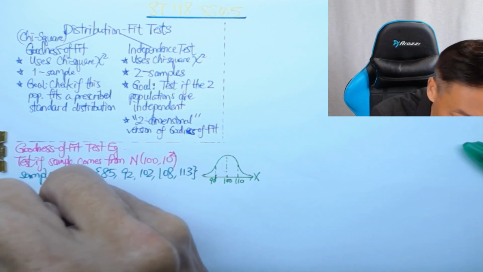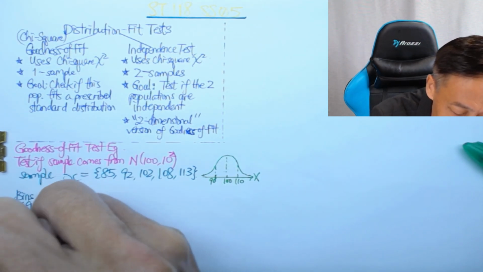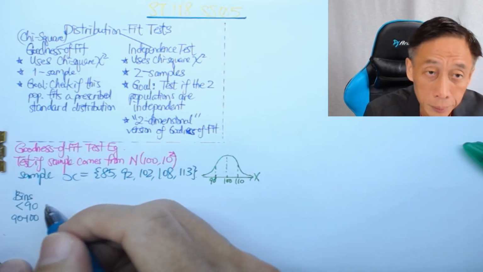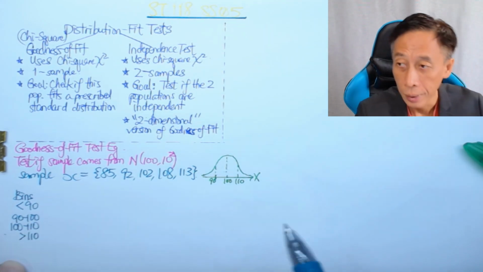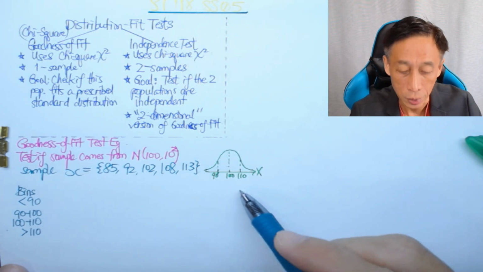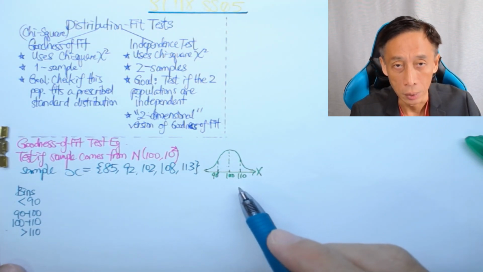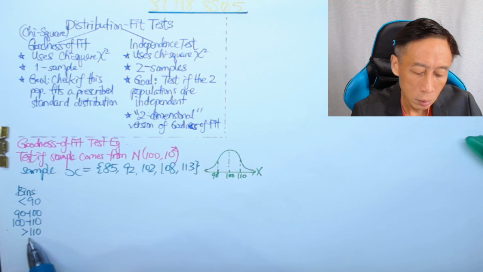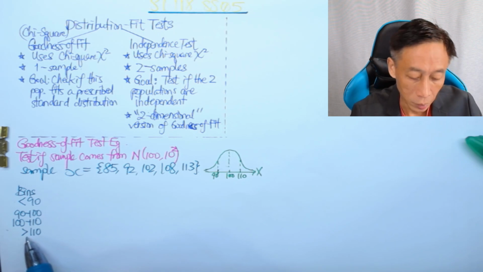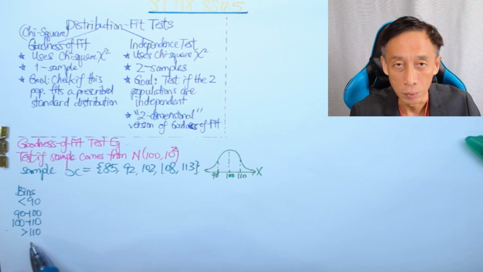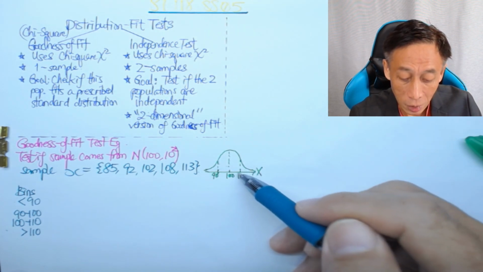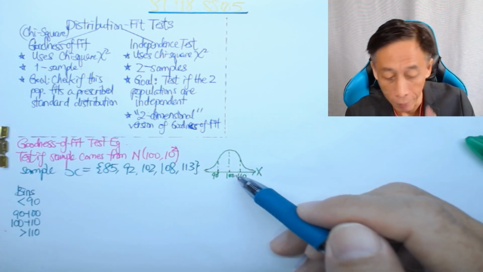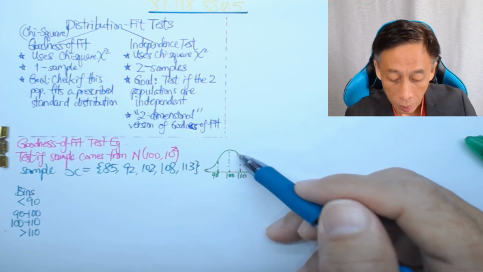So the categories, the intervals would be less than 90, 90 to 100, 100 to 110, greater than 110. For continuous data, we are using it on the real axis. The equal sign is not so critical, whether you put greater or equal, simply because of one observation: on a continuous distribution, the probability of x being equal to any specific one number, not an interval, just one number, is the area.